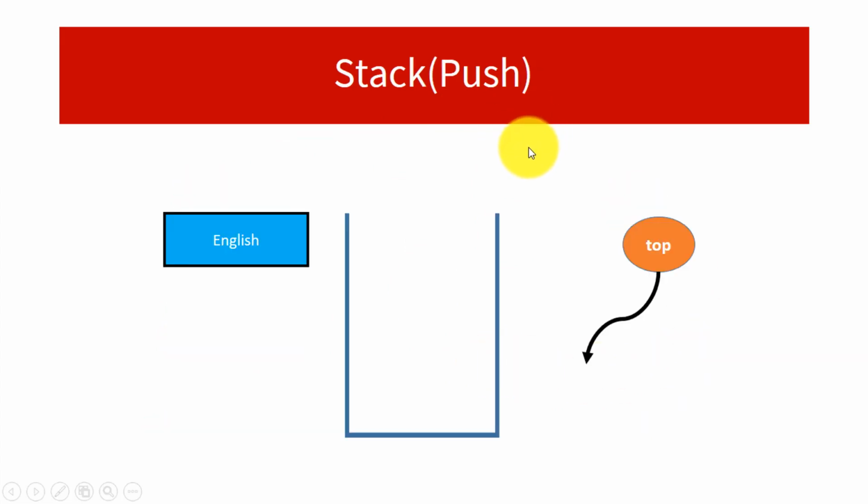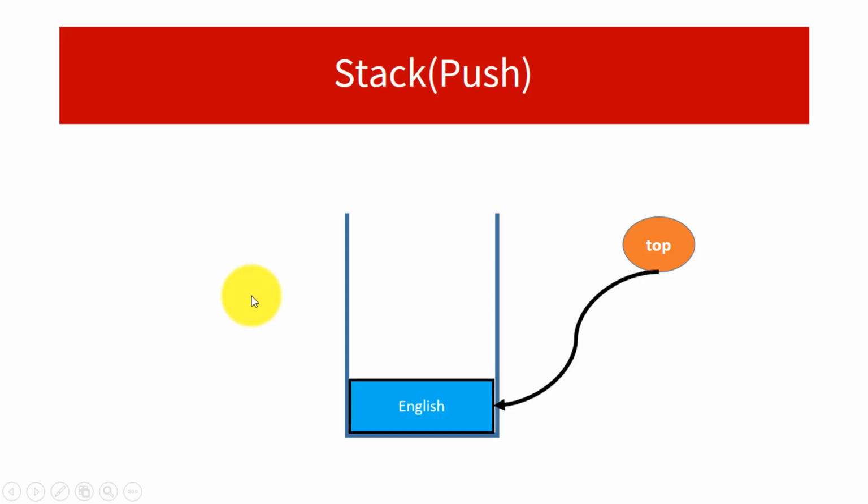So let's see the behavior of a stack data structure, how elements are inserted, I mean push, and how elements are removed, I mean pop. So this is a stack, and there is only one end, which is usually represented by a marker or a sort of variable or a pointer we call top of the stack. And there is nothing in the stack at the moment. So we want to push a book of English, for example.